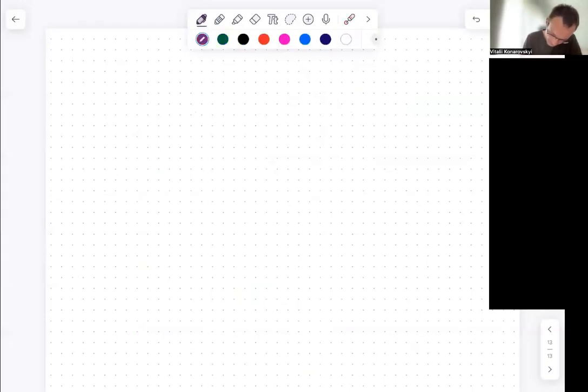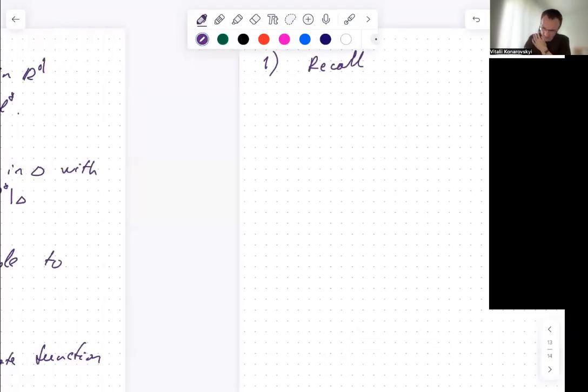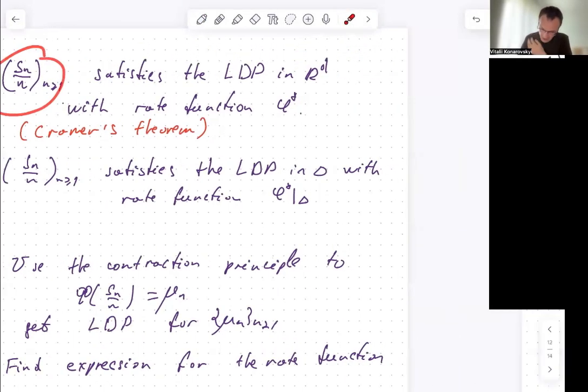Step 1: let's just recall that to formulate the Cramer theorem, we need to first of all have the cumulant generating function, compute the Fenchel-Legendre transform of the cumulant generating function, and when the cumulant generating function is finite, we know that this family satisfies the large deviation principle.